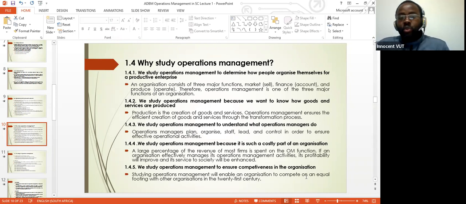The organization will be able to know what other organizations are doing in their operations management functions, and then it can compete. So these are some of the reasons why we study operations management.